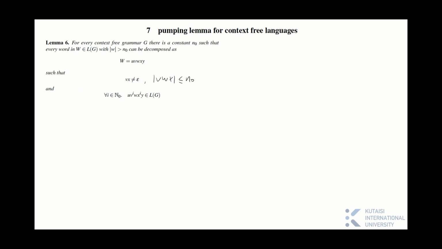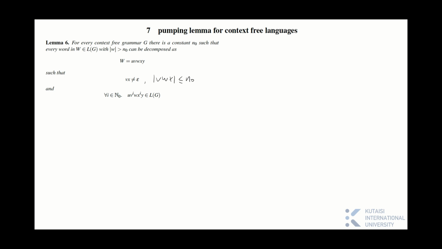Yesterday we had that if you have a regular language, you can decompose it into 3 parts and pump in the middle. Now there is a pumping lemma for context-free languages also, which will help us prove that there exist languages which are not context-free, that means not even accepted by pushdown automata or whatever we're going to construct.